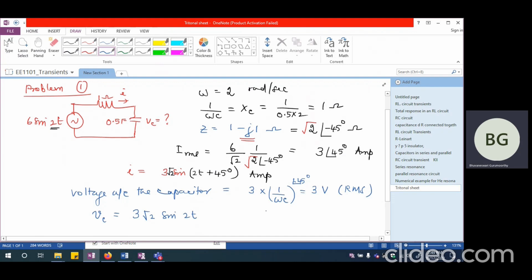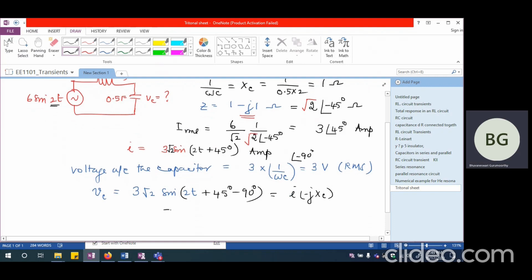So this is going to be 1 by omega c times minus j. So that is minus 90, not minus 45, minus 90. So this is going to be 2t plus 45 minus 90. So this is essentially I multiplied by minus jxc.